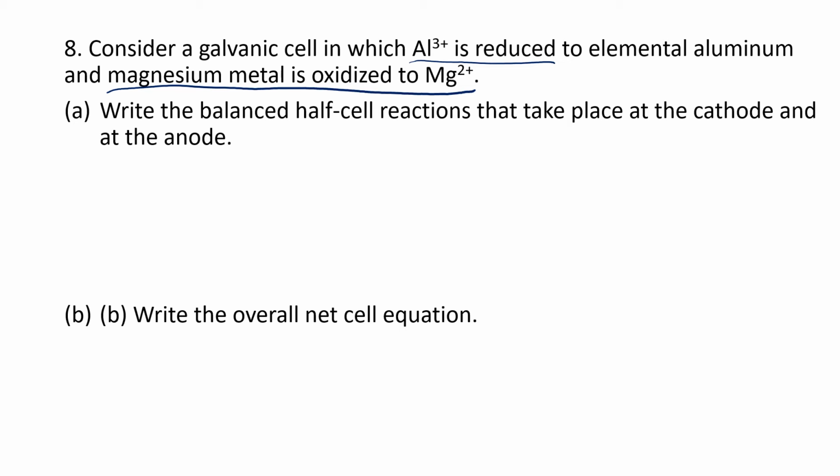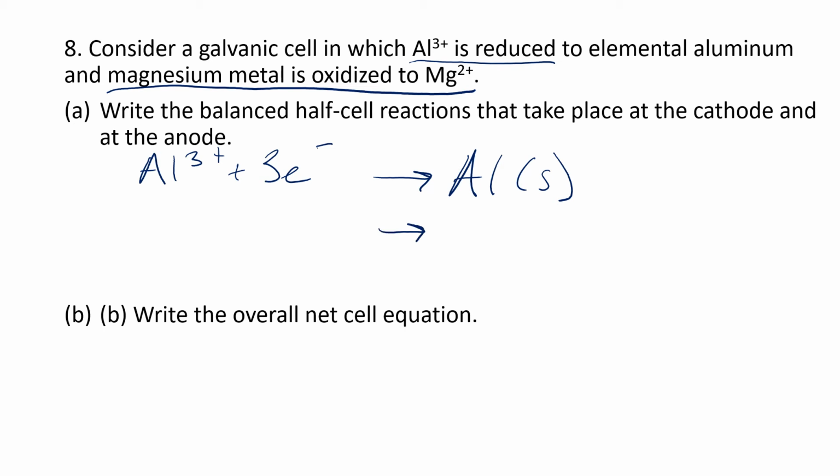If aluminum is being reduced, it's going from Al 3 plus to Al solid. And I have to put 3 electrons here for that to be balanced. And magnesium is going from Mg solid to Mg2 plus. All right, so those electrons on both sides are not the same number. So I have to multiply both of them by a certain number to get them to be the same.